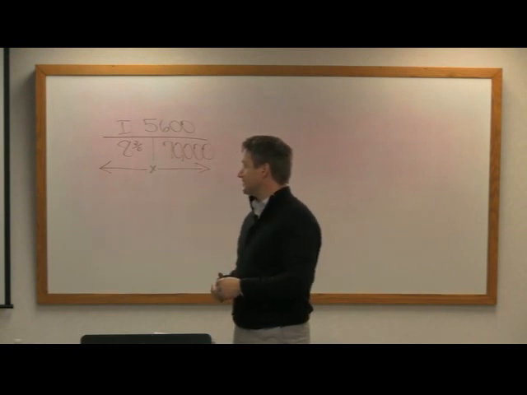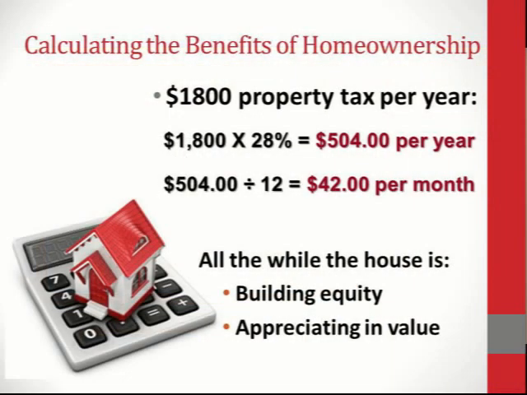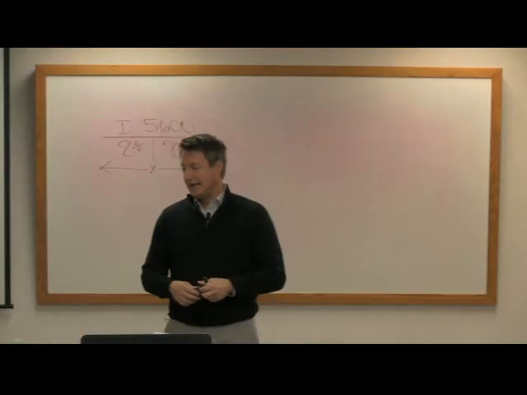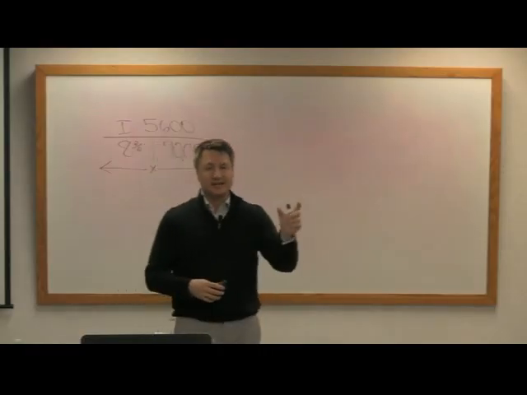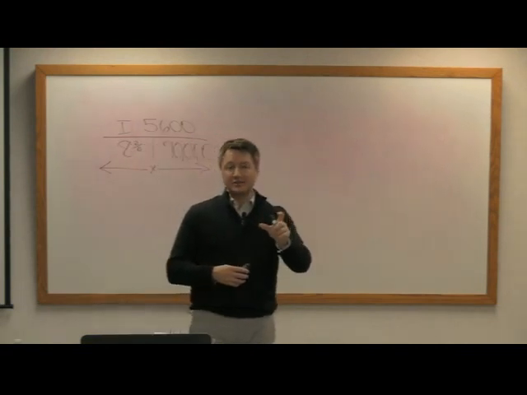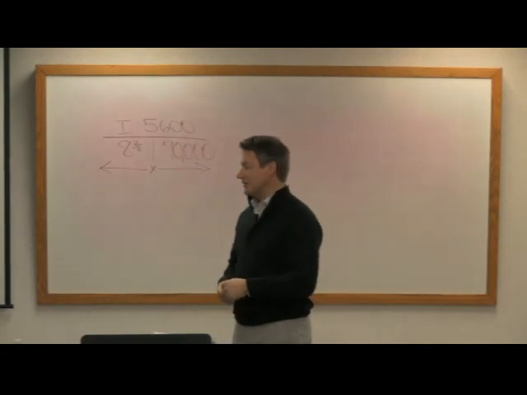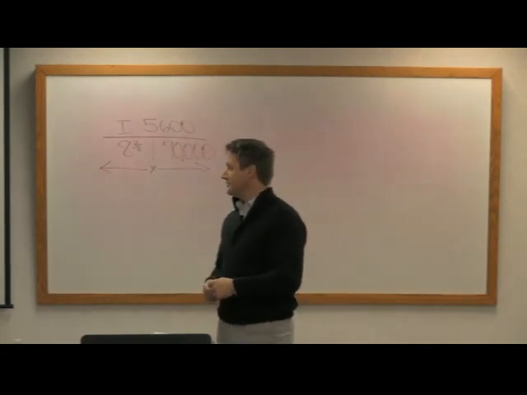So we have our annual property taxes of $1,800 per year. In this example, they're putting the person in a 28% tax bracket, and we have a total of $504. That's going to be our annual number still, because if we're taking an annual number in this equation, our answer is still going to be an annual number. So if they're asking for the monthly, we're going to have to divide it by 12.